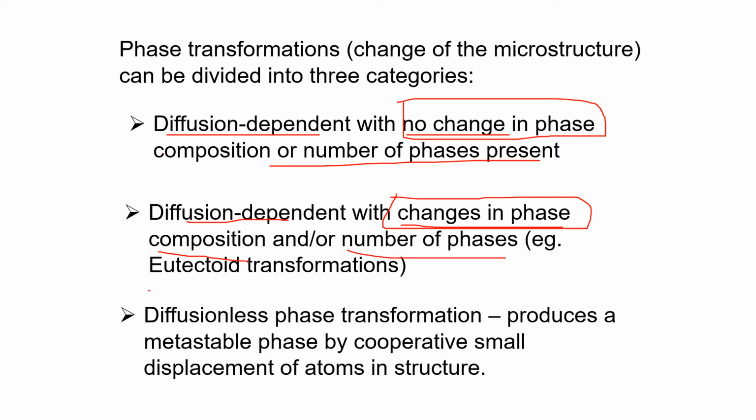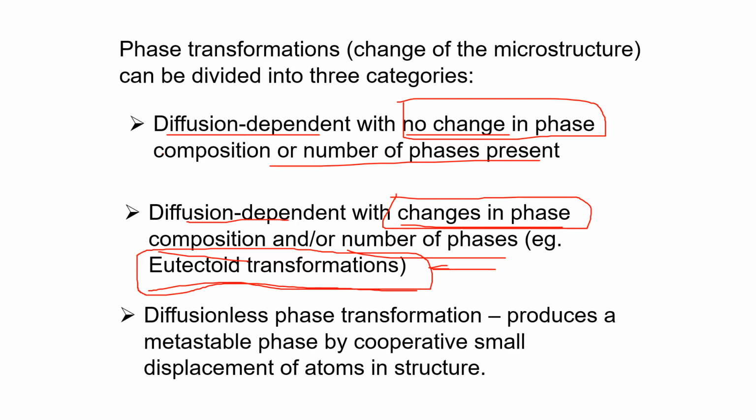For example, eutectoid transformation. If you want to go to the details of the changes in phase composition, go to the eutectoid reaction, which we have already studied in the iron carbide diagram.